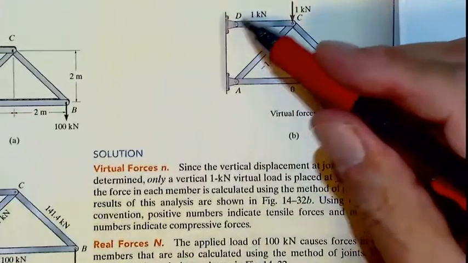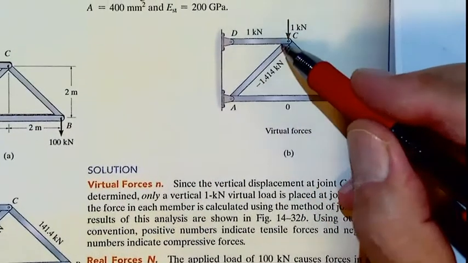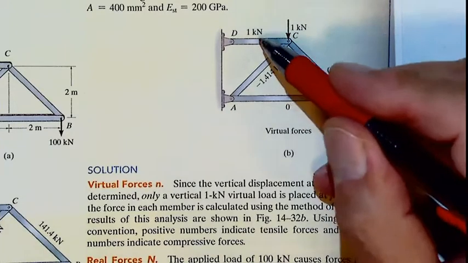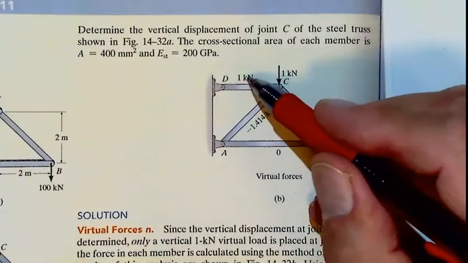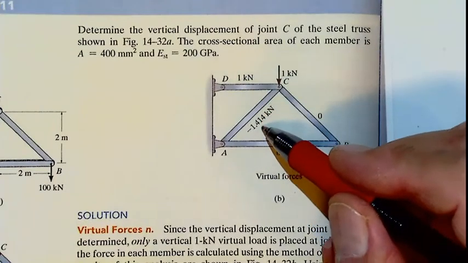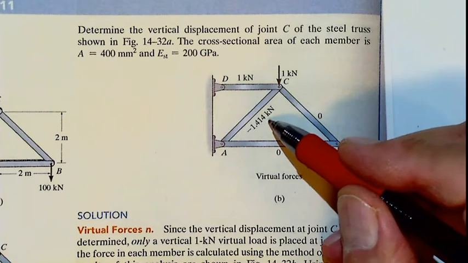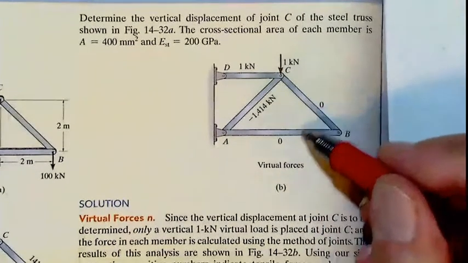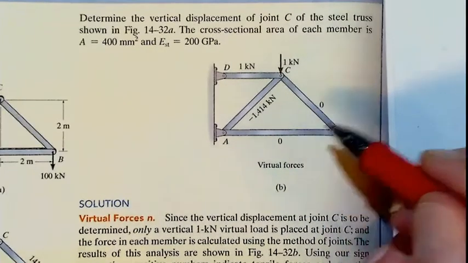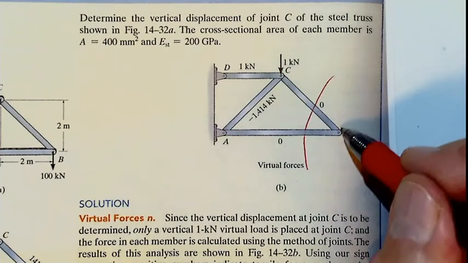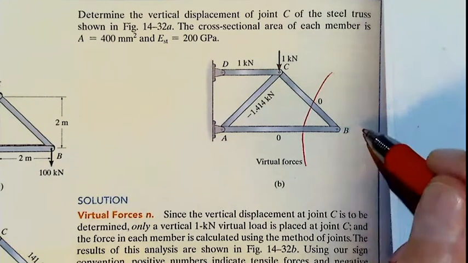Now in the virtual system, we can find these loads. Here, this is 1 kilonewton. This is minus 1.414, which is minus square root of 2 kilonewtons. These are zero members, because when I cut here, there is no force in the vertical or horizontal direction.